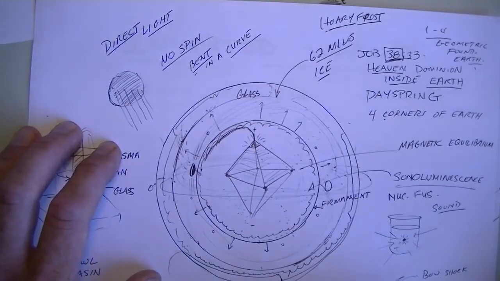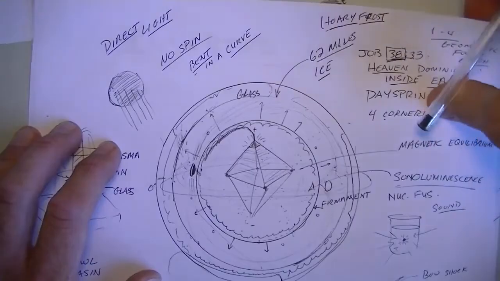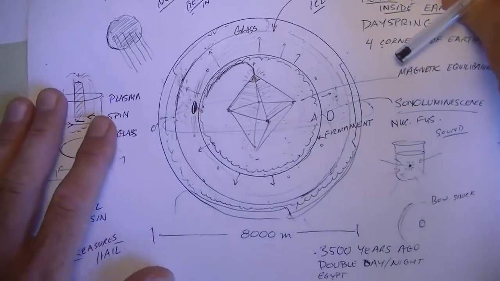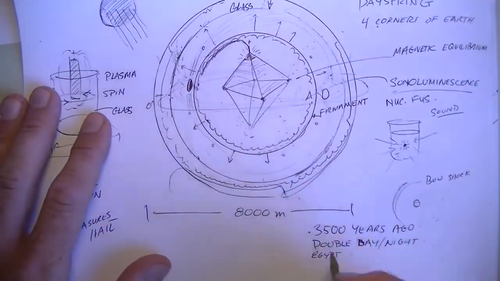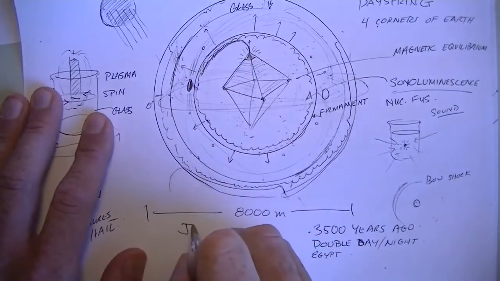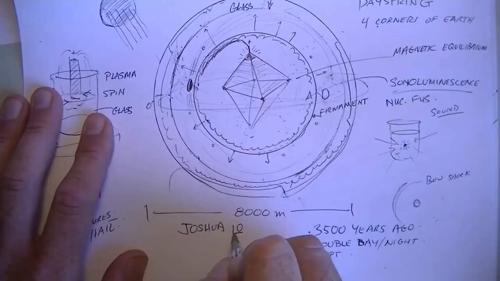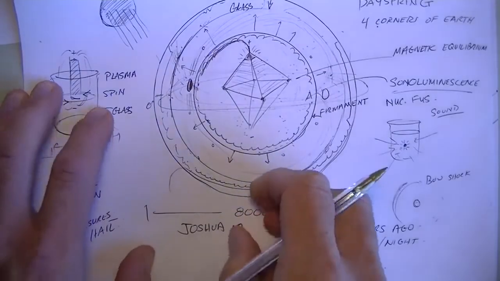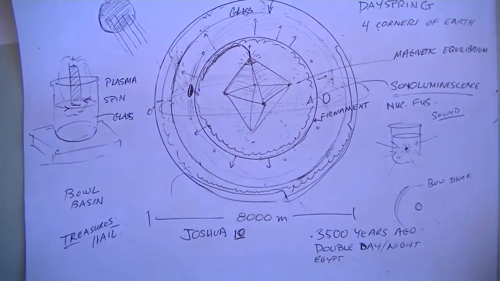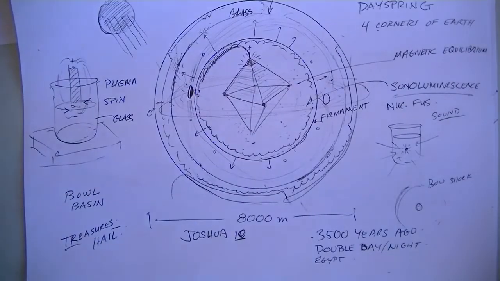You can just Google geocentricity and Joshua's long day, and it's also mentioned in the Bible, like I said before, Joshua chapter 10. In Joshua chapter 10, let me get it for you here.